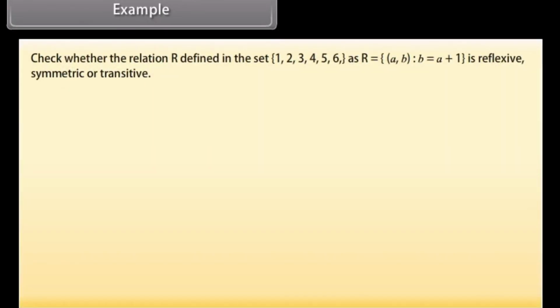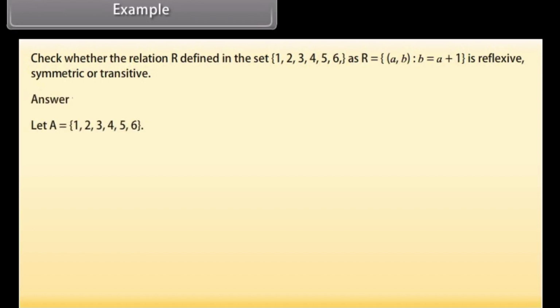Example. Check whether the relation R defined in the set {1, 2, 3, 4, 5, 6} as R = {(a, b) : b = a + 1} is reflexive, symmetric, or transitive. Answer.